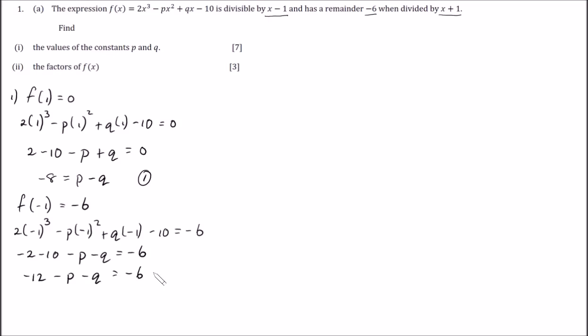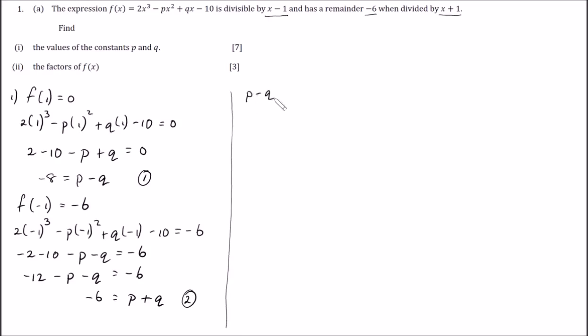So I'm going to add 6 to both sides. So I'm going to get −6 on the left, and I'm going to add p and q to both sides. So I'm going to get that p + q = −6, and this is my second equation. And I'm just going to solve those two equations simultaneously.